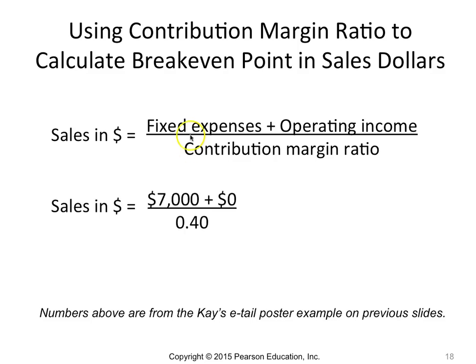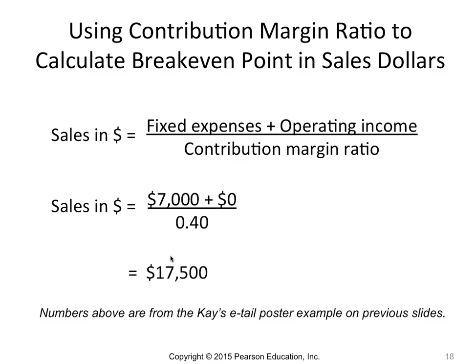So here again, with a 7,000 fixed cost plus 0, since at break-even operating income is 0, divided by the contribution margin ratio of 40%, we get $17,500 of sales. So that's how we find out the information.